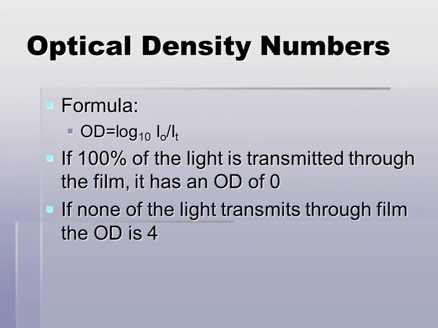Optical density numbers. There is a formula: optical density equals log 10 of IO over IT, where IT is intensity of transmitted light and IO is intensity of incident light, and log 10 is the density of opacity. If 100% of the light is transmitted through the film, it has an optical density of 0. If none is transmitted through the film, you have an optical density of 4.